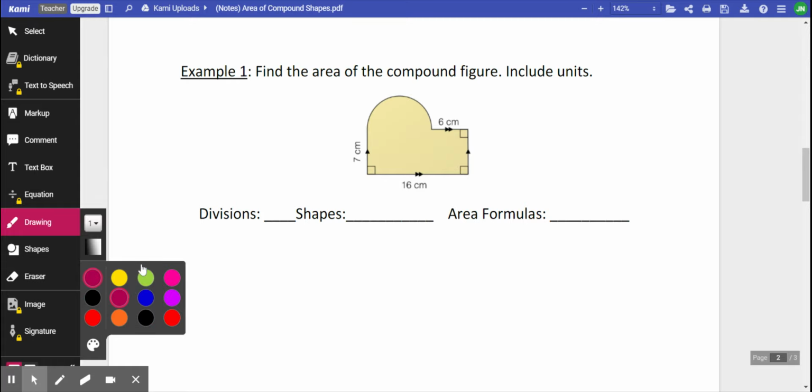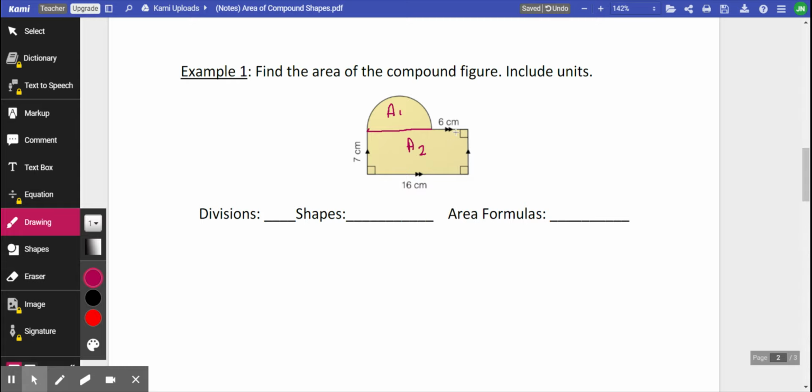There's more than one way, as long as you get the correct answer in the end. To find the area of this compound figure, in my personal opinion, the best way to divide it is to make a straight line here, assume that it's straight, and have this be one area and this be a separate area here. So we have area 1 and area 2.